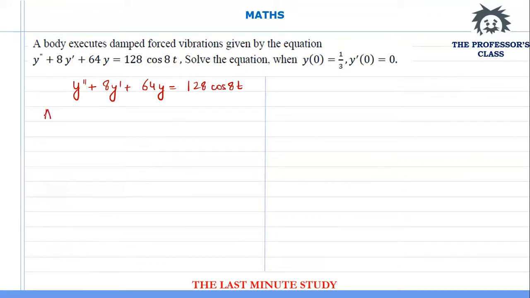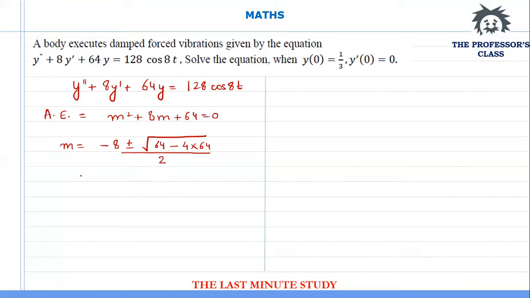So first of all, I'll find the auxiliary equation, which will become m square plus 8m plus 64 equals 0. Or the value of m will be equal to minus 8 plus or minus under root b square, that is 64 minus 4 into 64, by 2.